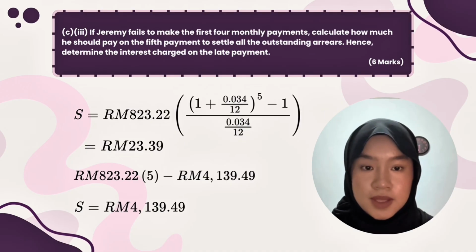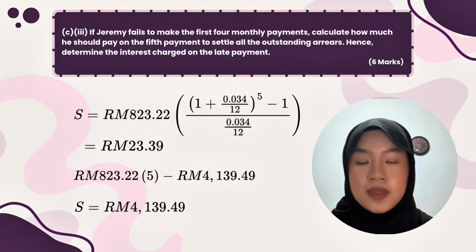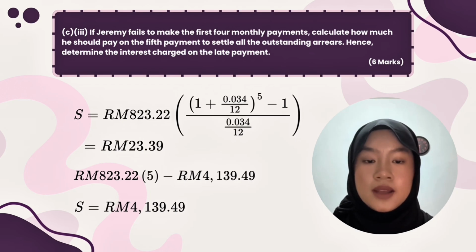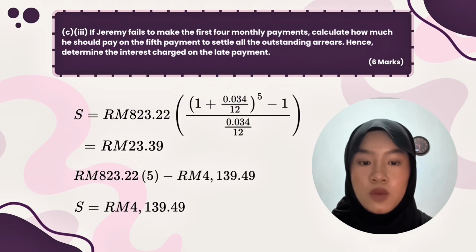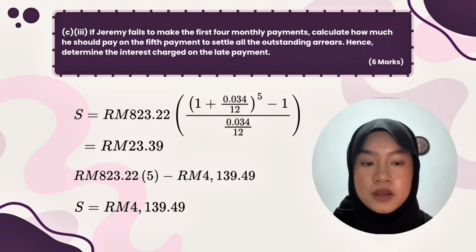Then I substitute the values into the formula. S equals 823 ringgit 22 cents multiplied by the bracket of 1 plus 3.4% over 12 to the power n minus 1, all divided by 3.4% over 12. After calculating the expression, S equals 4,139 ringgit 49 cents.